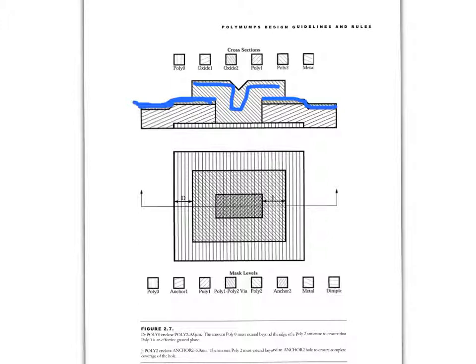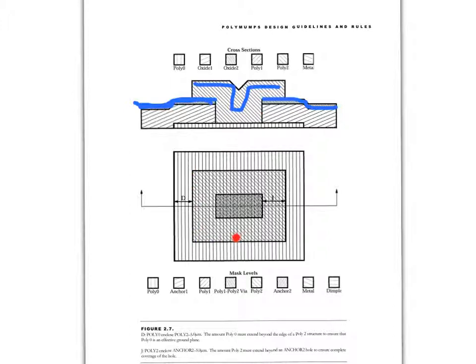Okay, then you can use anchor 2, okay, to make a hole through oxide 1 and 2. Okay, and then you can fill that hole that you made through oxide 1 and 2 with poly 2 and connect poly 2 directly to poly 0. That's what this is showing. Okay, so this structure here is the hole here. Okay?